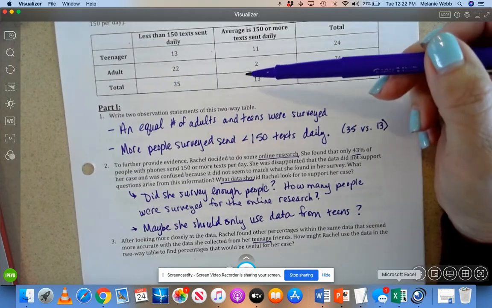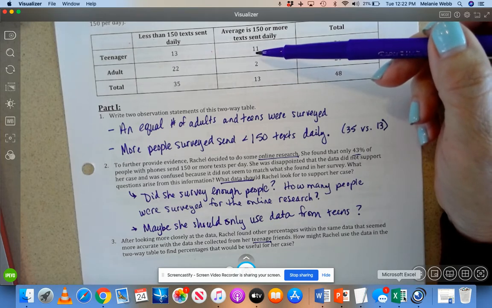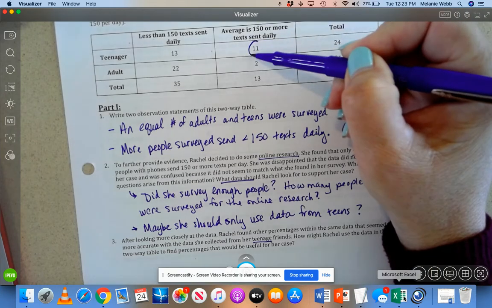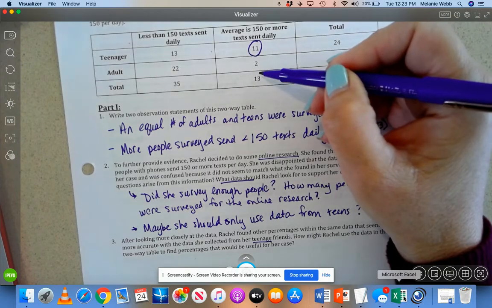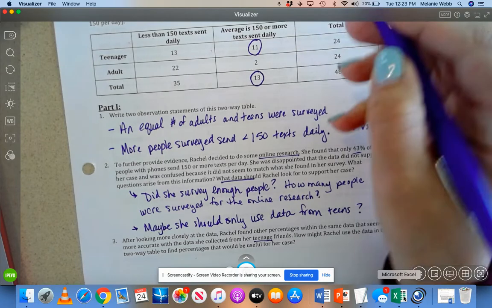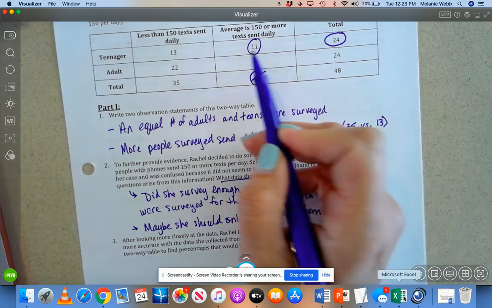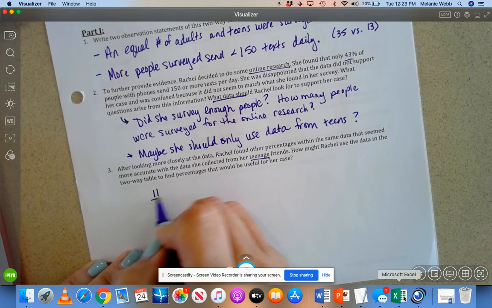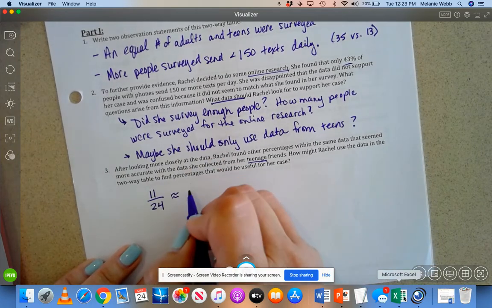But I think that if she's trying to support her case that she sent 150 or more texts a day, then maybe she looks at how many teens, out of the total number of teens, sent more than 150 texts a day? Okay, well, that's 11 out of 24, which is about 46%.